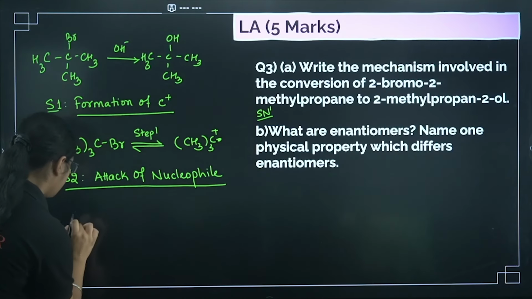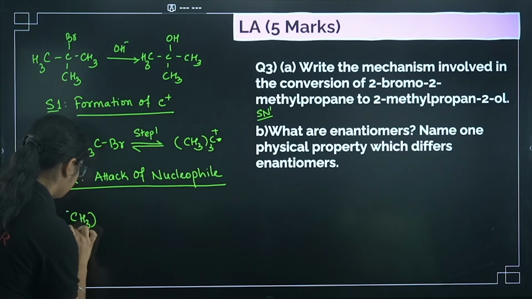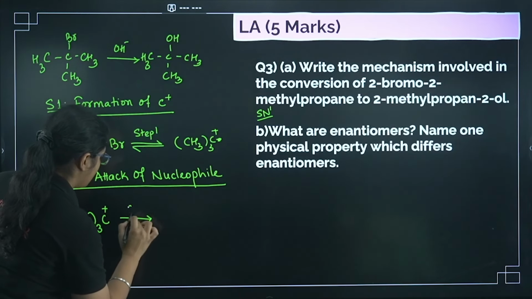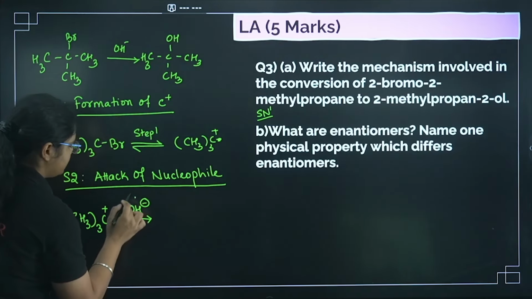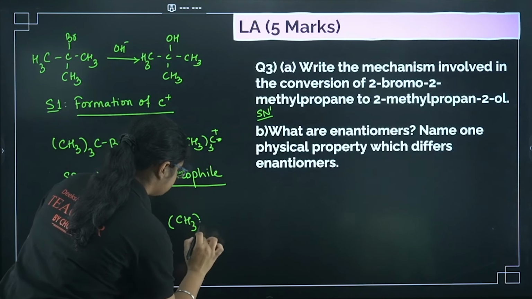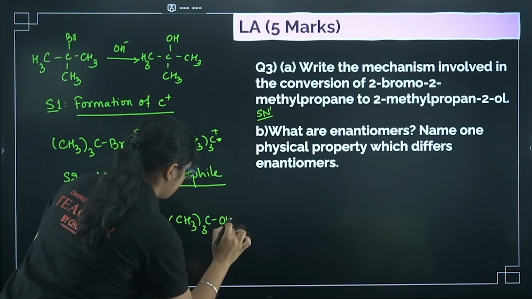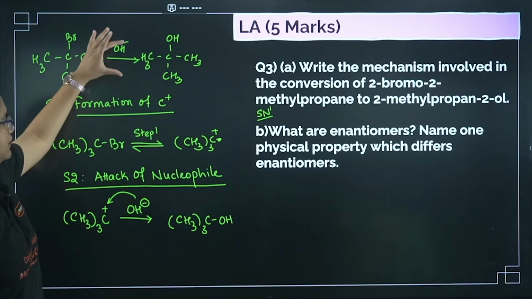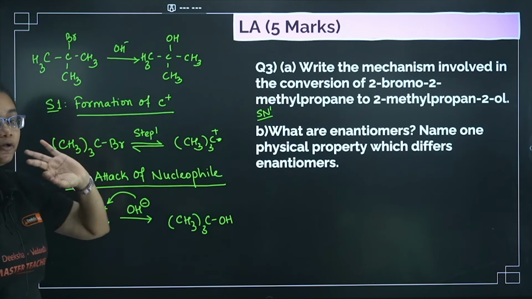Now here we have (CH3)3C plus, and we have OH minus. Now this one attacks on this one, and we will get a compound like this. So this is step 2. So this one reaction and 2 steps will give you 3 marks.